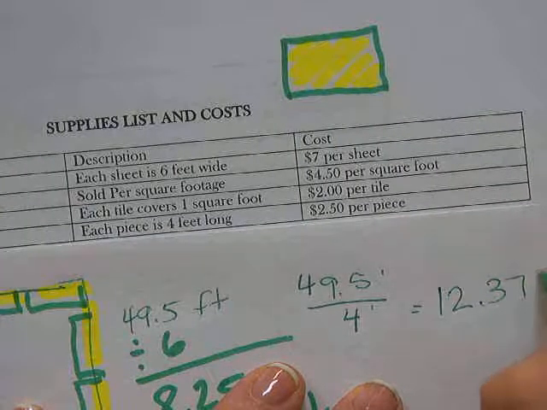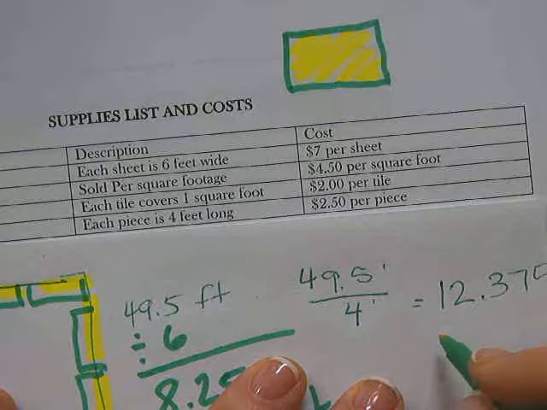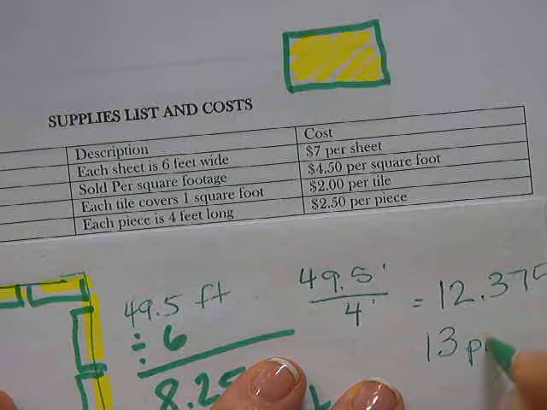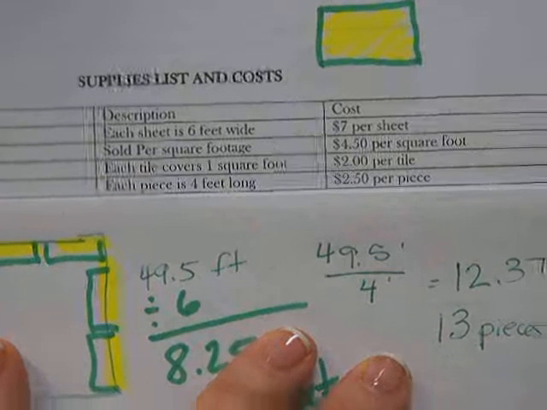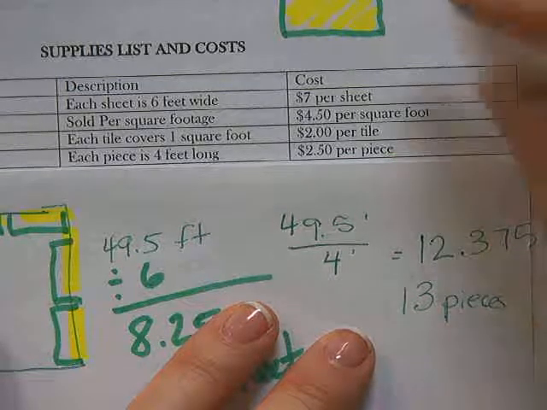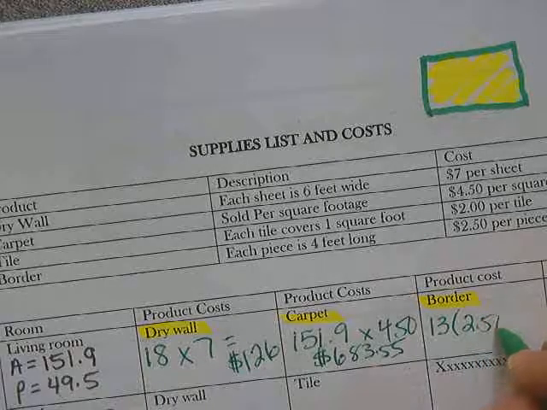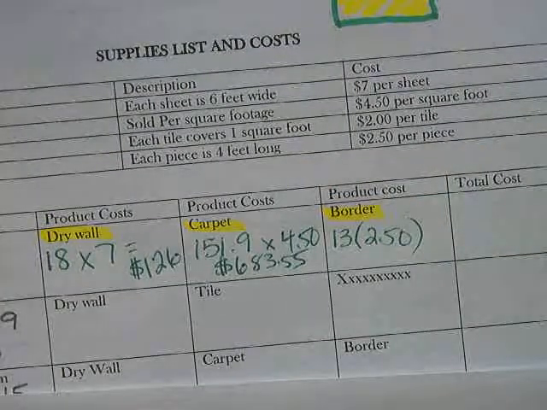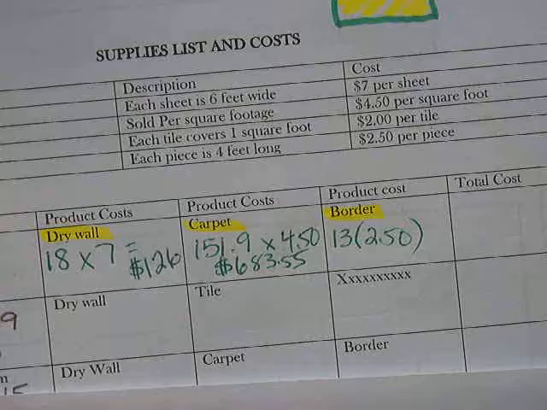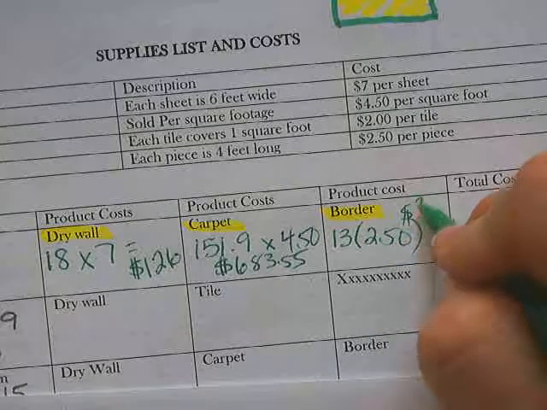And you get this. So that's going to round up to 13 pieces is what we need. So out of the 13 pieces, it's going to cost $2.50 a piece. So we're going to multiply 13 by 2.50. And that's going to be $32.50.